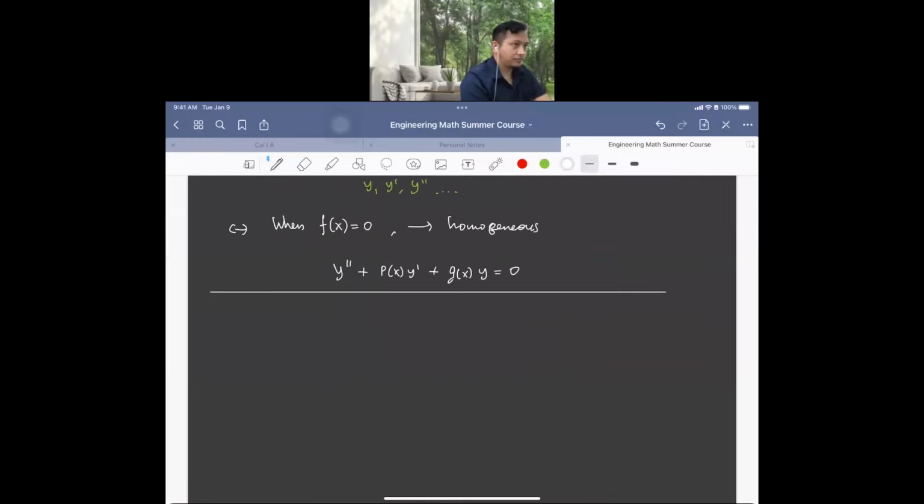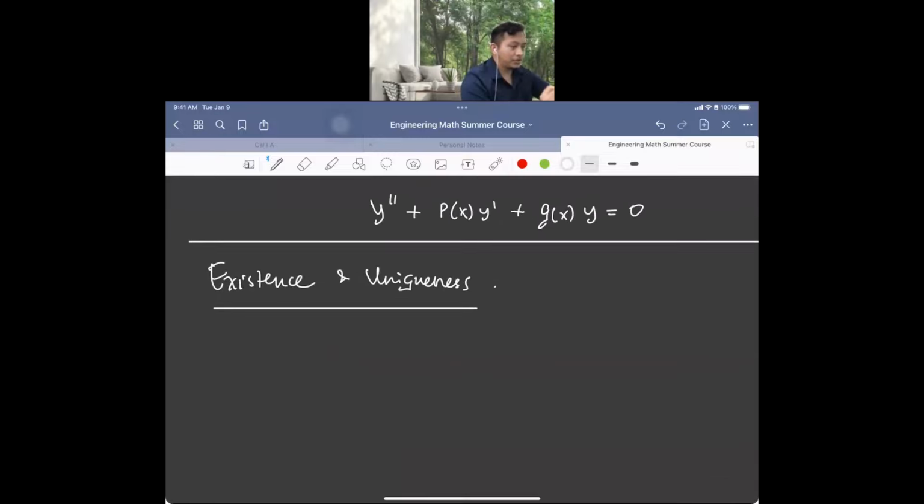Okay. The first part is the existence and uniqueness. Let me start with the second order, and I give you the general form for the higher order. Okay.